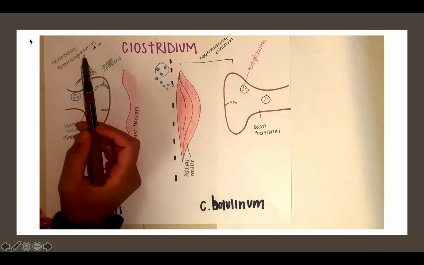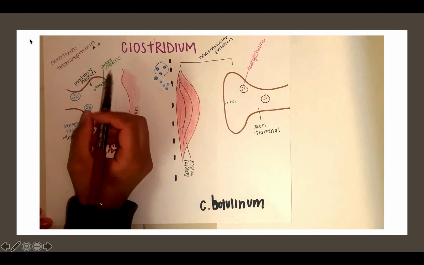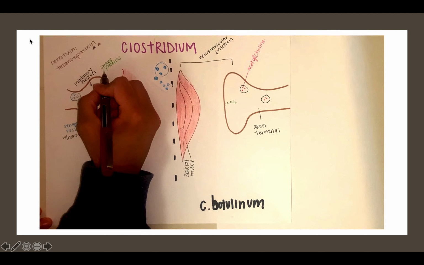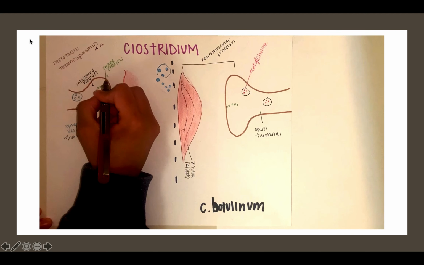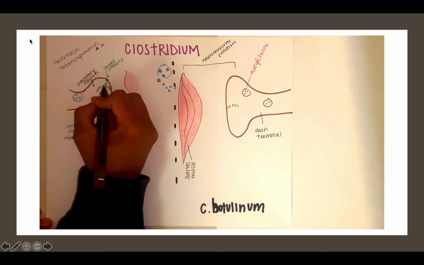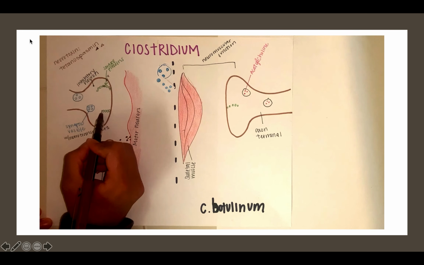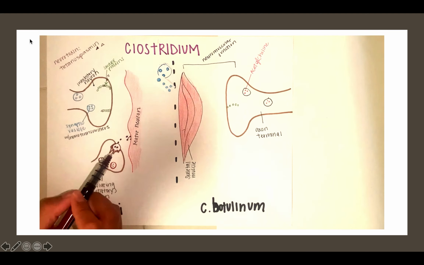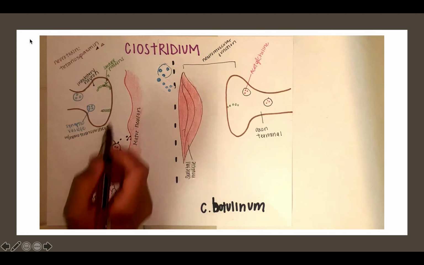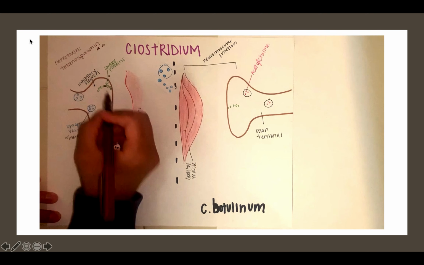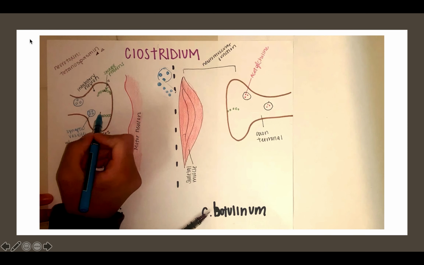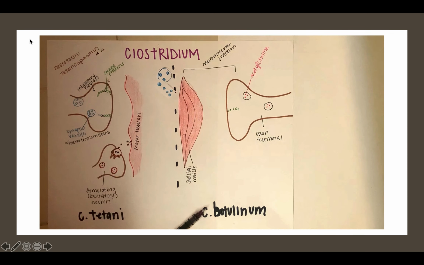So here we have the tetanospasmin toxin, and I'm just going to say it's moving this way, and it's going to interfere with these snare proteins. So it's going to cleave these snare proteins. Let's pretend this is the rest of the protein.